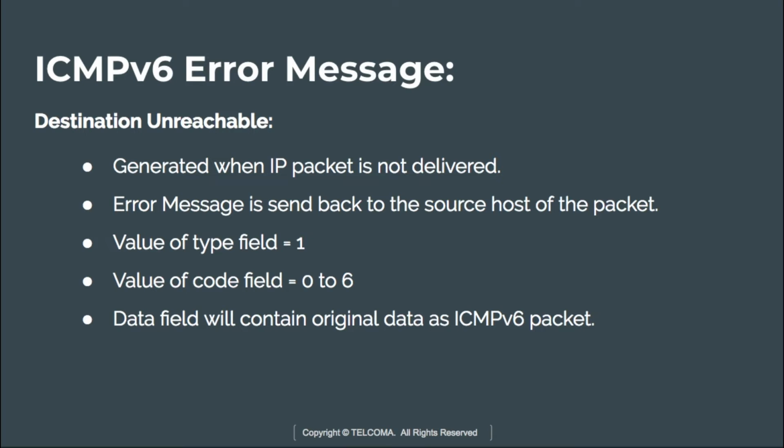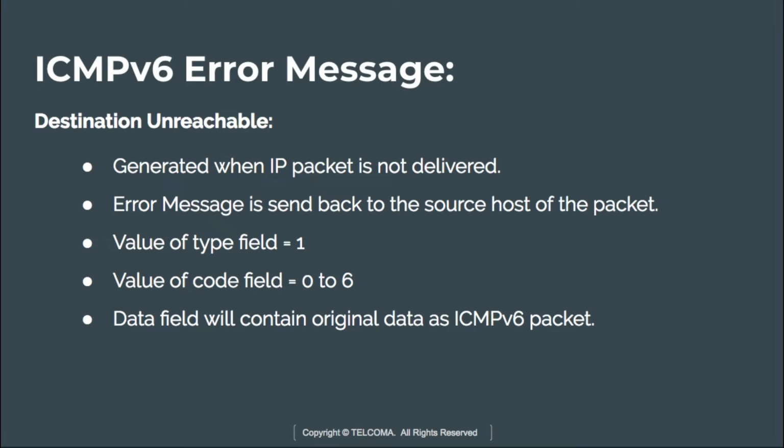If the value is 2, it indicates that the destination is beyond the scope of the source address. Code value 3 indicates that the destination is unreachable because of address unreachable. If the code field value is 4, it indicates that the destination is unreachable because of port unreachable. The particular port to which we have sent the message is unreachable.